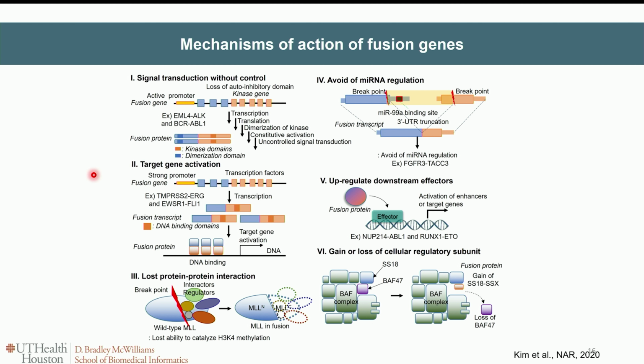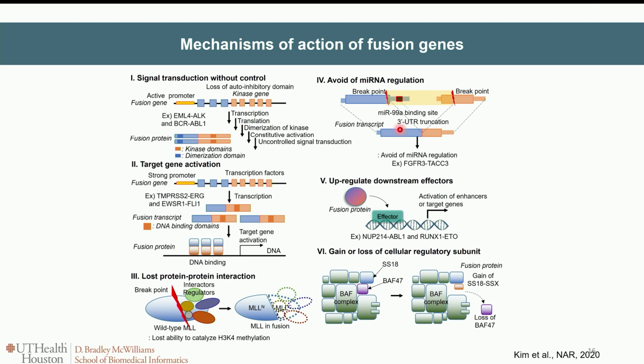The second one is target gene activation through a DNA binding domain, retained in transcription factor-like fusion proteins, like MLL fusion. Actually, wild-type MLL interacts with very important cellular regulators, but if it forms a fusion, it can lose this interaction, and then it can cause cancer.